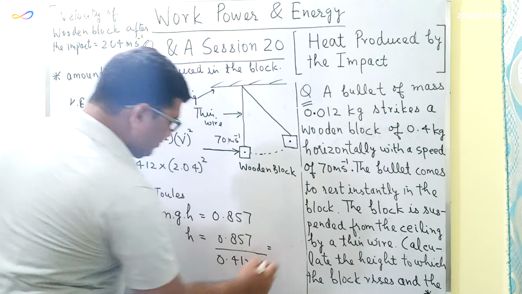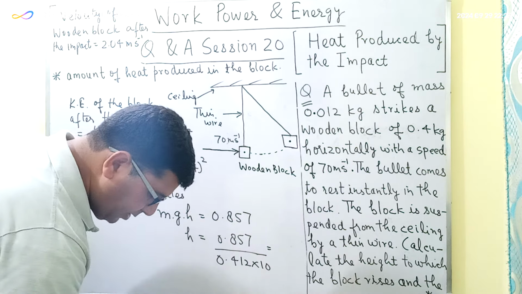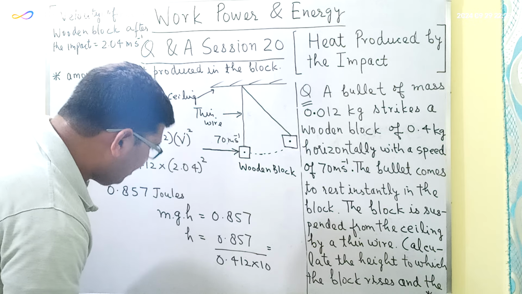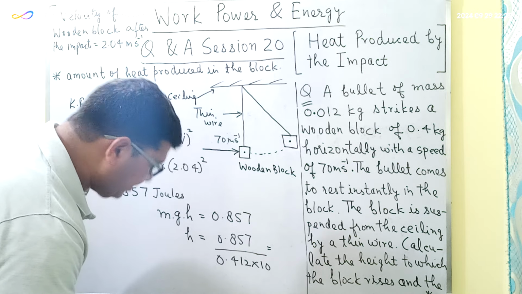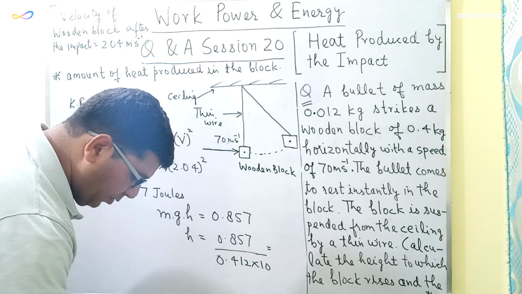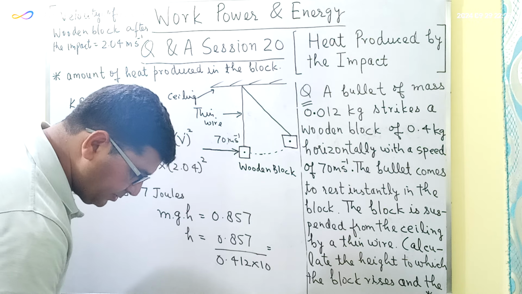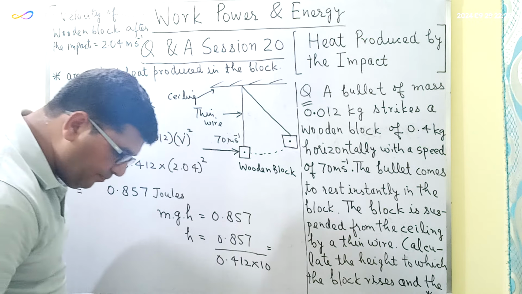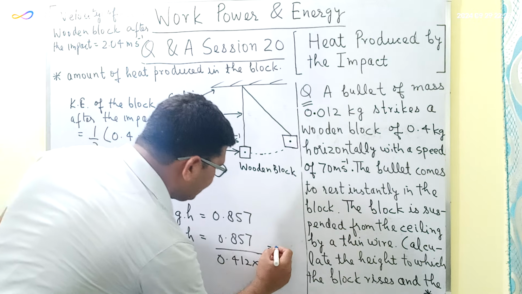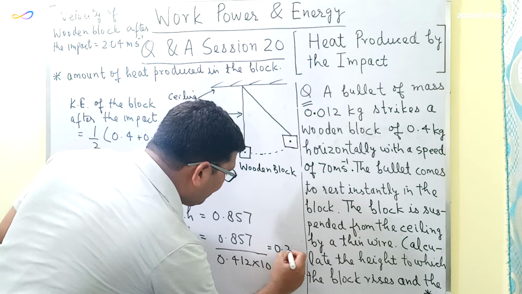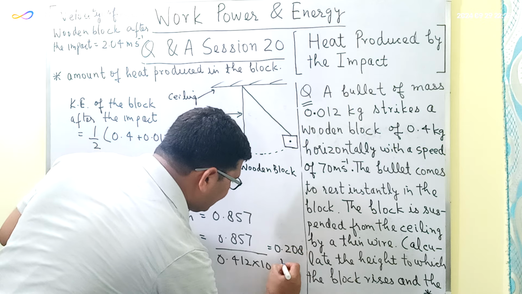this value, and this will be equal to 0.857 divided by 4.12. This is equal to 0.208 meters.